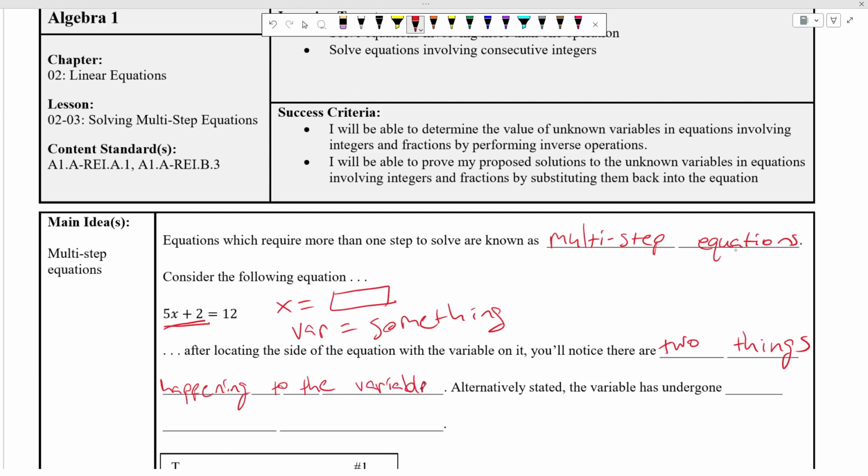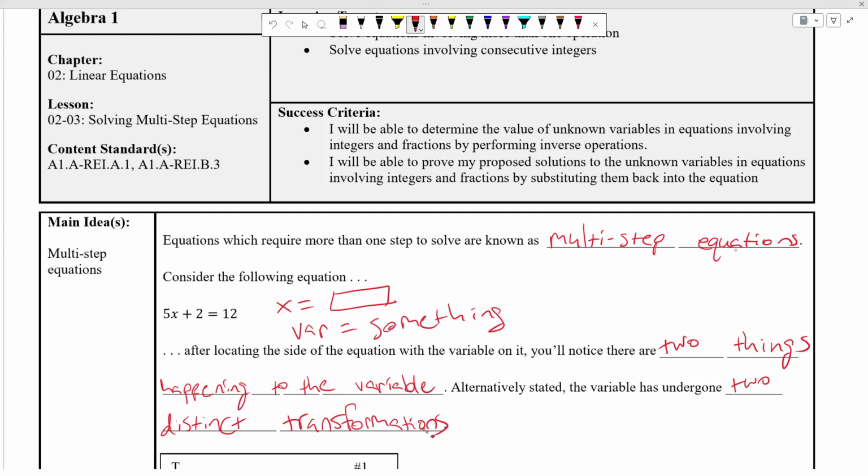Okay, and these two things, we'll get more into it, but these two things happen to involve this 5 here and this 2 here. We'll get into it here in a second. But alternatively stated, you can say that the variable has undergone two distinct transformations. And I am very particular with the word choice I use here, transformations.